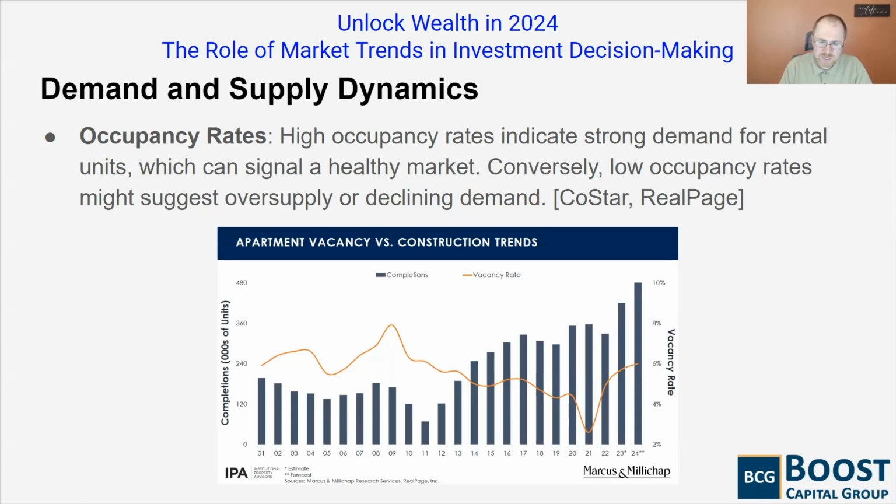There's been a trend since 2011 going up on the number of units being delivered on a yearly basis. And it's interesting because for a period of time, vacancy rates were still going down even though there was new supply. But more recently, this supply had an effect on vacancy rate, and there are multiple reasons that we also discussed in other discussions we had.